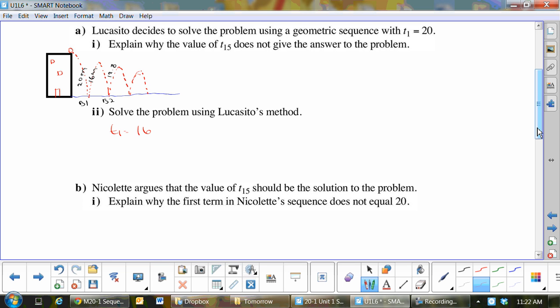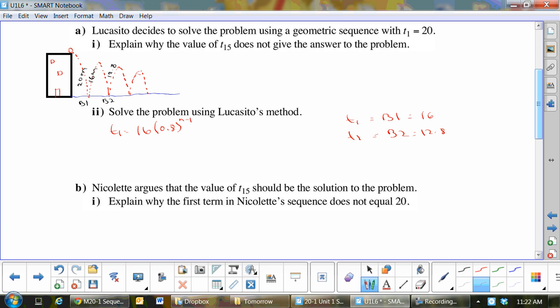So 16 times what would be our r? 0.8, and n minus 1, right? Now here's the question. T1 would equal, in our case, bounce 1, right? Everyone get that? So T2 would be bounce 2.